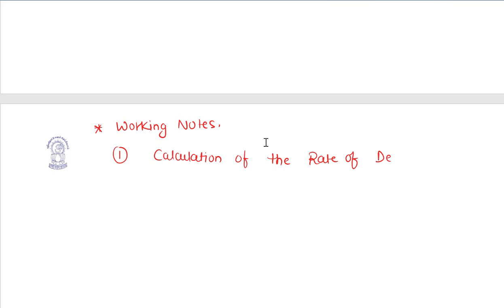Just leave this much space and write working note: calculation of the rate of depreciation.